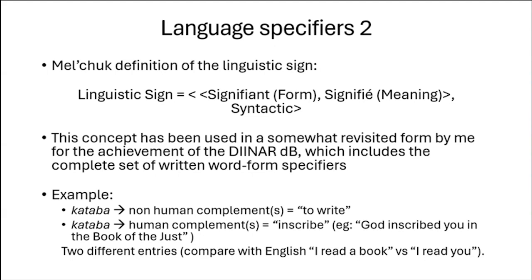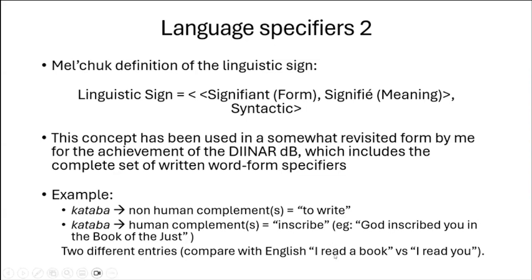The syntactic is a concept which we have revised for the achievement of the dinar DB, and it includes word form specifiers. For instance, kataba, writing, and then the complement: obviously you cannot write somebody, you write something. And if you write someone, that's you inscribe someone. God inscribed you in the book of the just, etc.